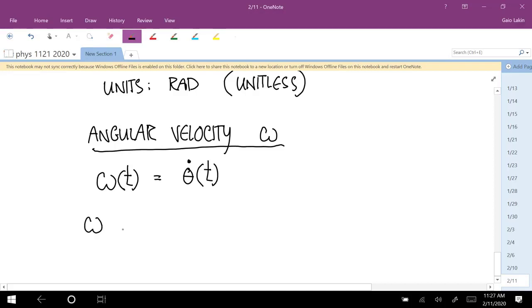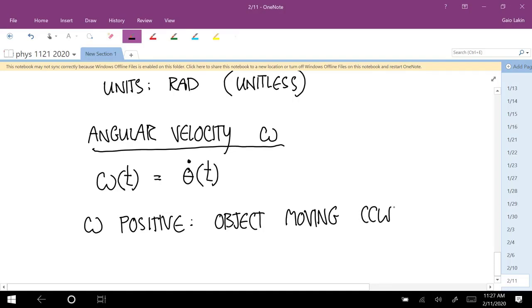If omega is positive, that means that the object is moving in a counterclockwise direction around the circular path.